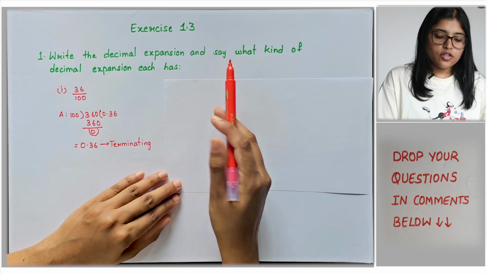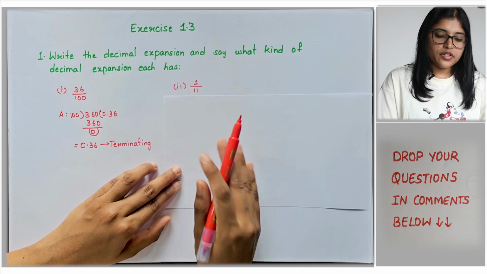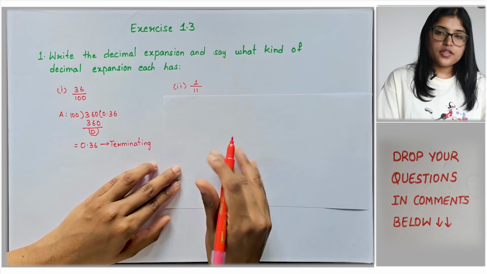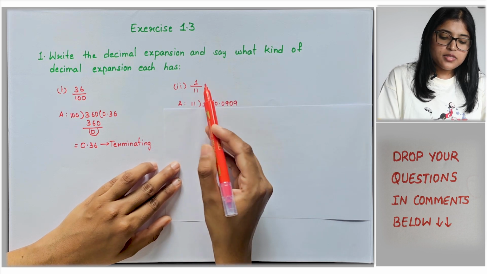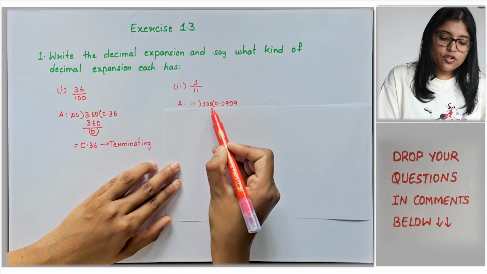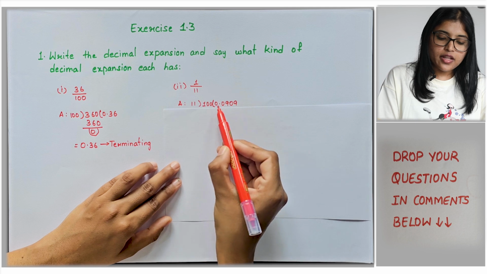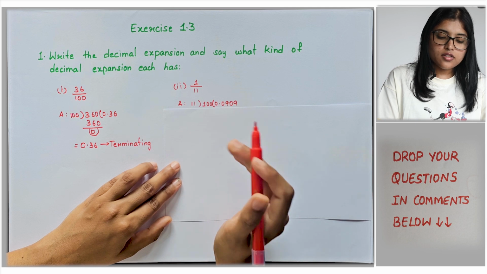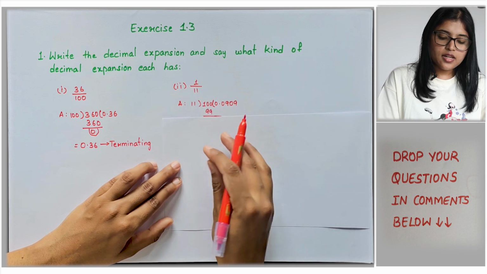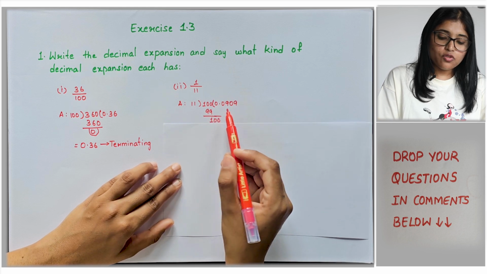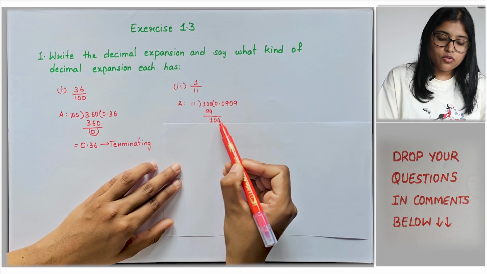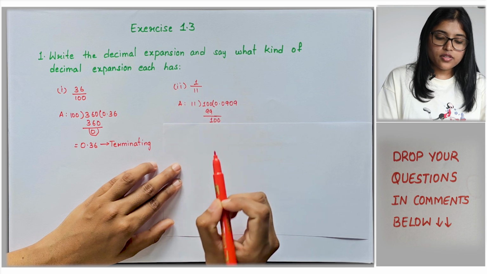Now let's look at another question, 1 by 11, and see what kind of a decimal expansion this has. When I divide 1 by 11, I am starting with 1, so I need 2 more zeros in order to divide with 11. So I take 0.0 here, and 11 nines are 99. I am left with 1. Because of the decimal I get a 0, but I need to add another 0 because 10 is still smaller than 11.